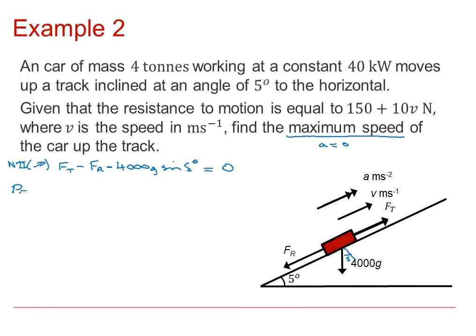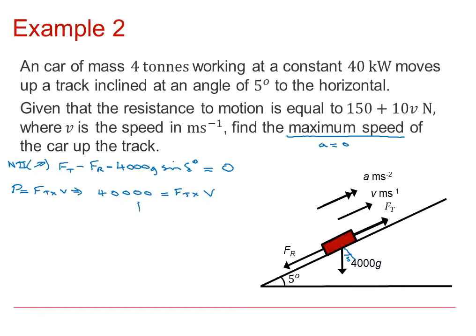Now, using power is Ft times the speed. We know the power is 40,000 watts. Ft we're looking for, and the maximum speed is v.